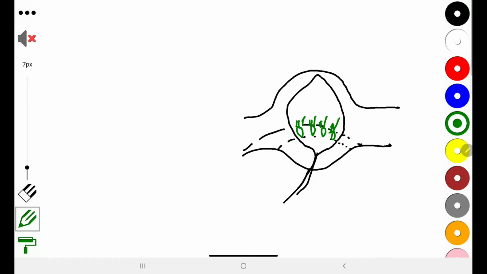So the cristae, this is the crista ampullaris. This one is the cupula.